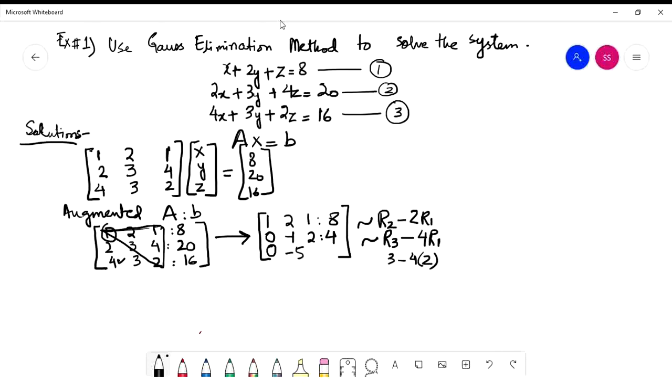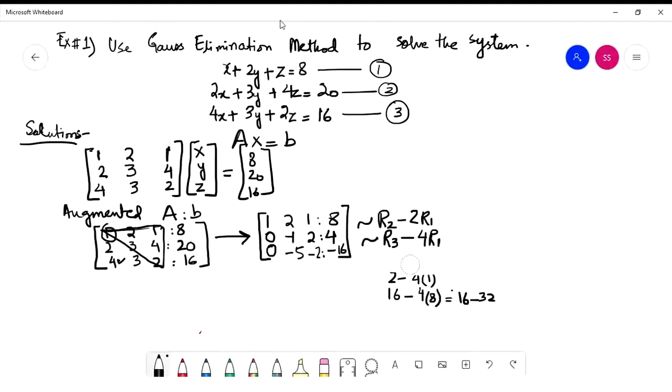And 2 minus 4 into 1, so 2 minus 4 is minus 2. And 16 minus 4 into 8, that makes it 16 minus 32, so that makes it minus 16.